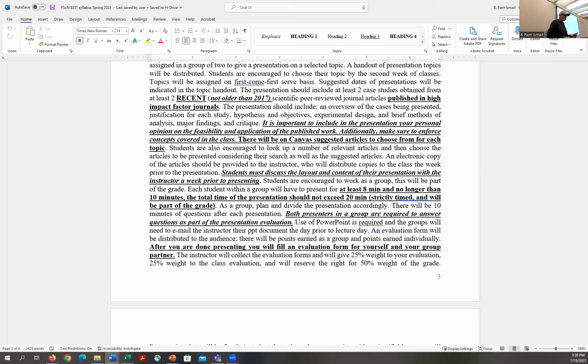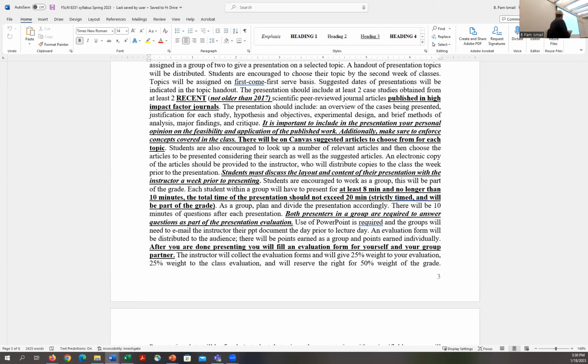One thing I don't want you to do is each one of you have a manuscript or a publication and you work independently and then put the slides together. No, both of you need to learn both articles. You need to prepare the slides together, consistent format, consistent slides. This is a group work, not two individual papers put together.